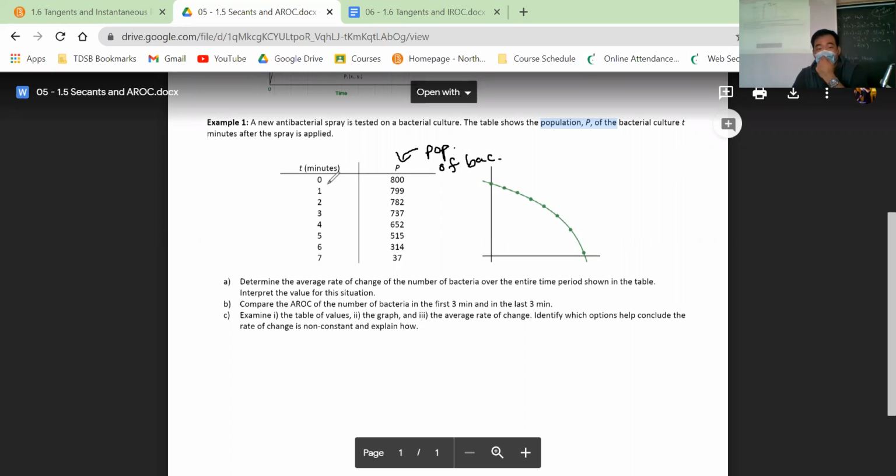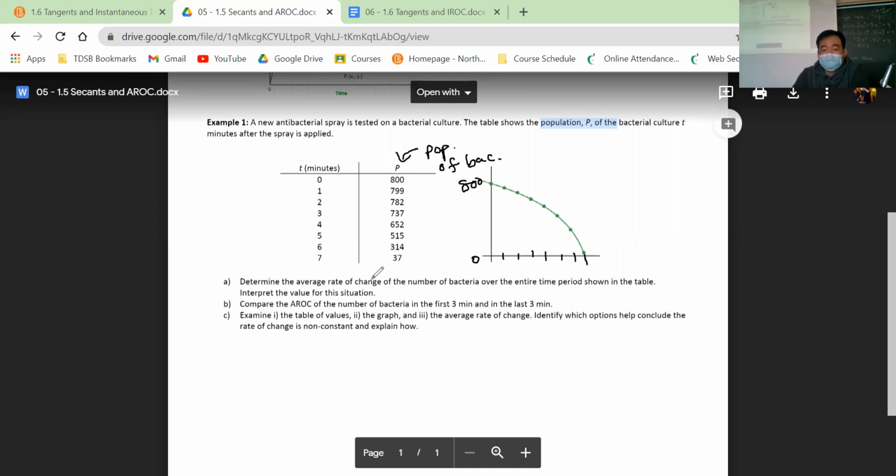T obviously is time. So 0 minutes, 1 minute, 2 minutes, 3 minutes, all the way to 7. This graph is not supposed to be perfectly marked, but I think you get the point. Population starts at 800, and I'm assuming that is 37, so it goes all the way down to 0.